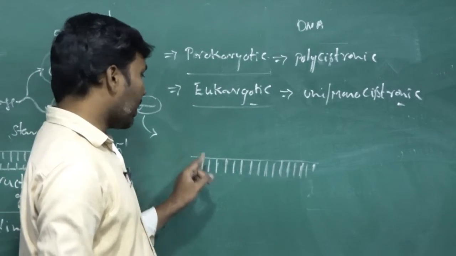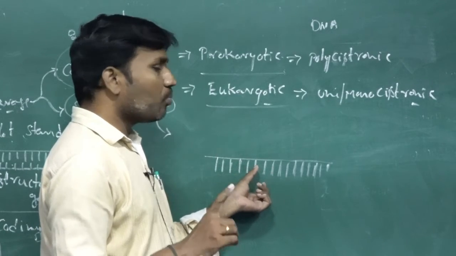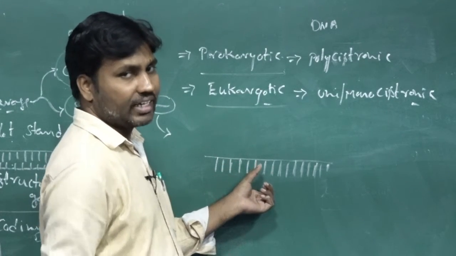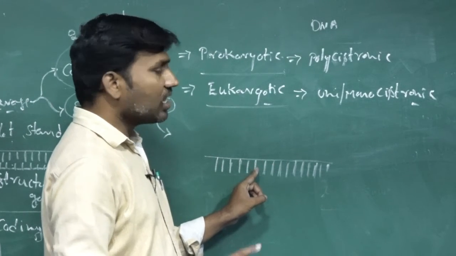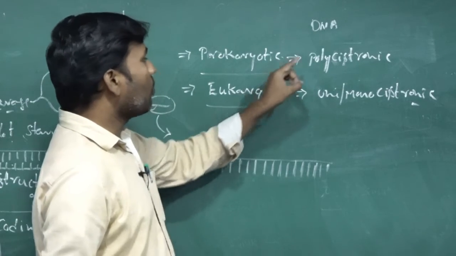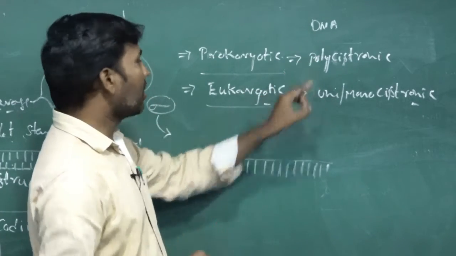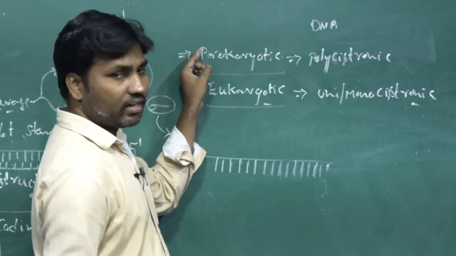These codes are synthesized into more than one polypeptide. That means one mRNA synthesizes many amino acids. So it is called a polycistronic mRNA. In the prokaryote, polycistronic mRNA is formed.